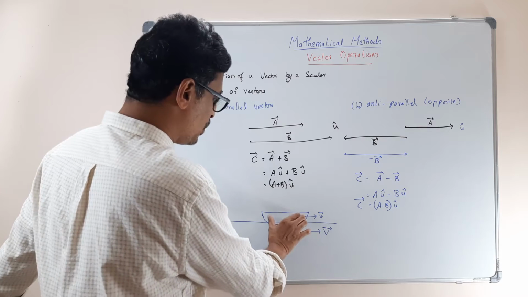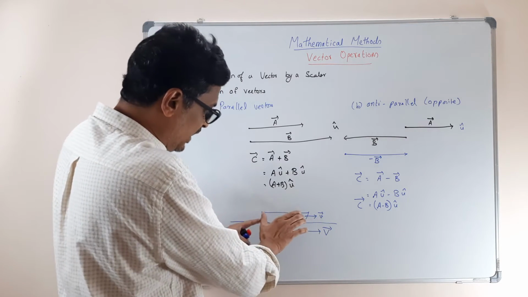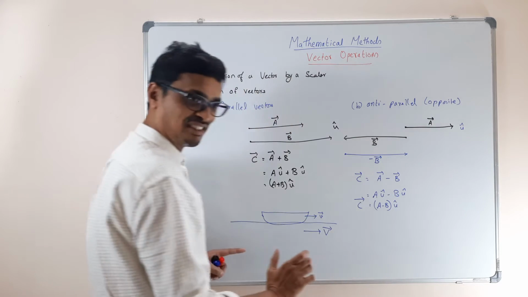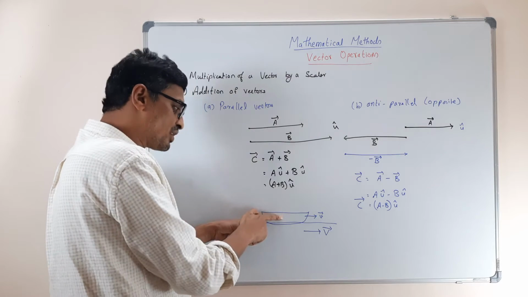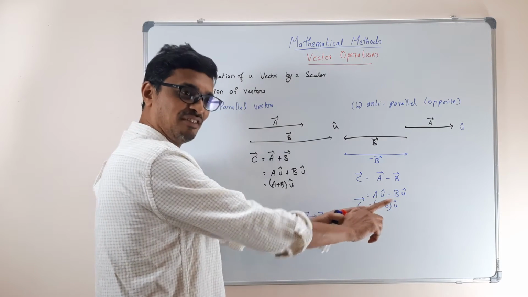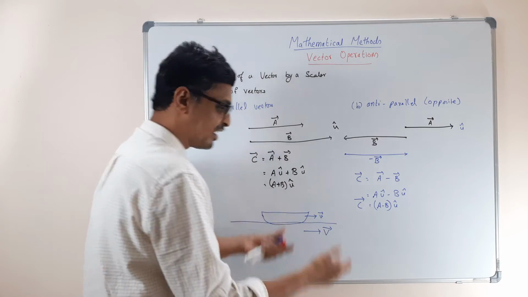The resultant is that the boat moves with the magnitude V plus v in the same direction. So the velocity of the boat can be written as a single vector moving with a velocity of V plus v.